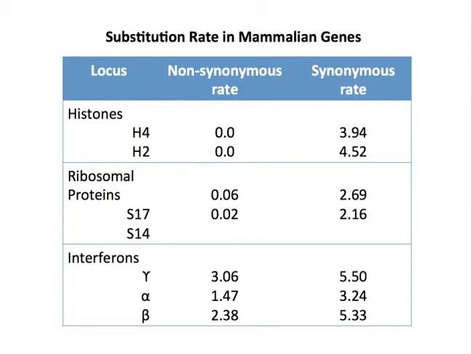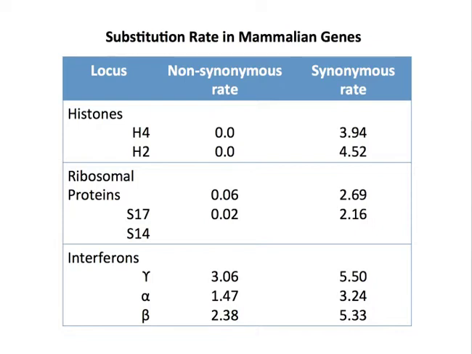So if they have a change in the protein sequence, it will likely be detrimental to the cell. However, interferons are involved in the response to viral or bacterial pathogens. In this case, some changes in the protein sequence may actually be favored by natural selection because it may extend protection against similar strains of pathogens that come in, and these interferons can actually find them.